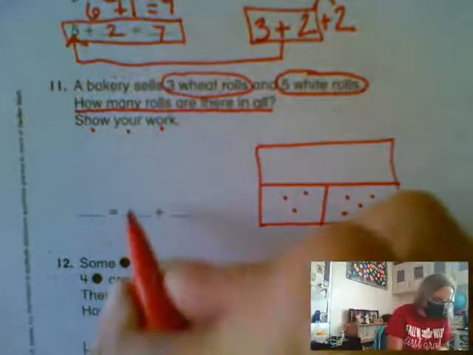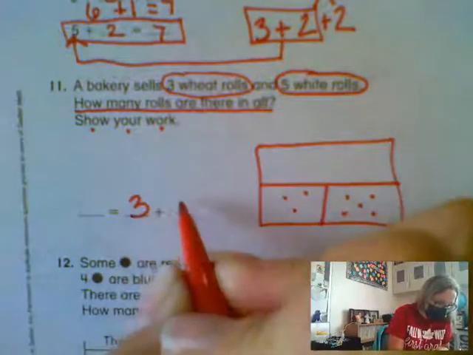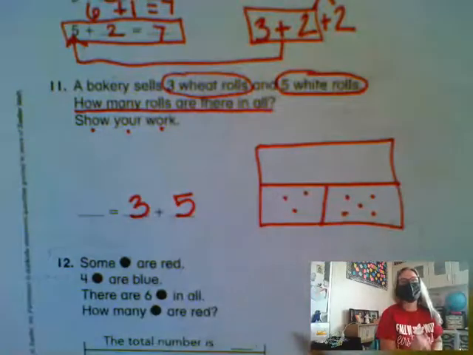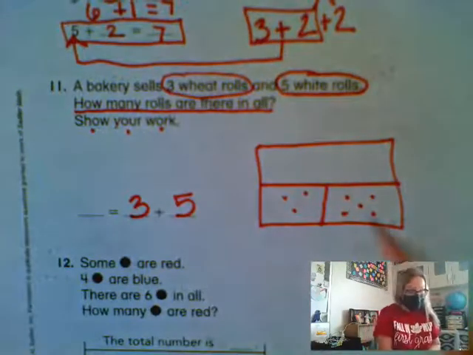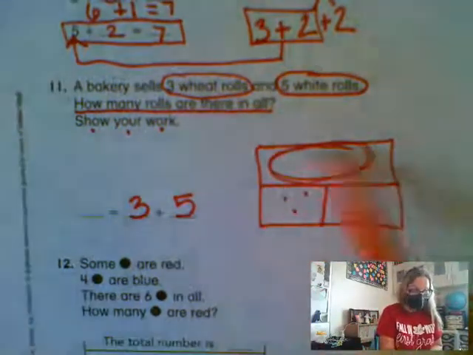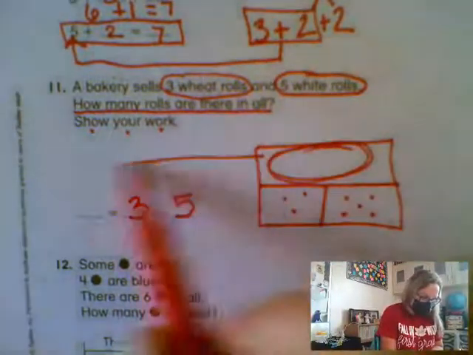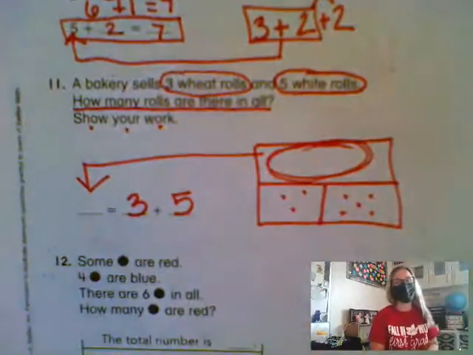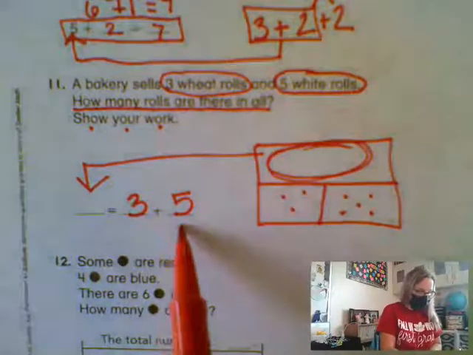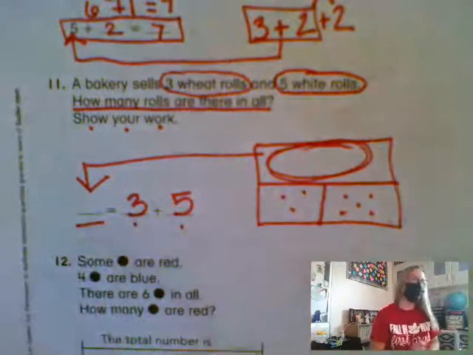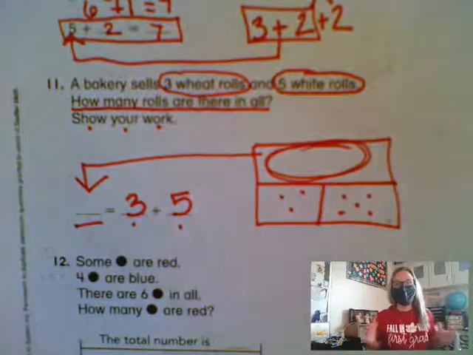So part 1 is 3, part 2 is 5. You need to figure out the whole. How many all together? And that number all together goes here. Part, whole. Figure out the sum, the whole amount.